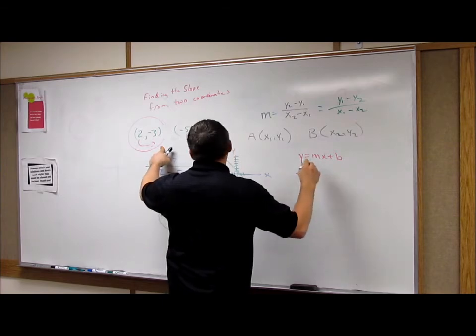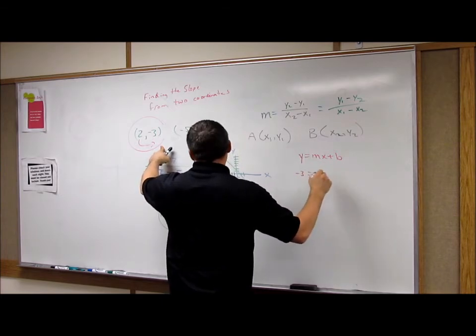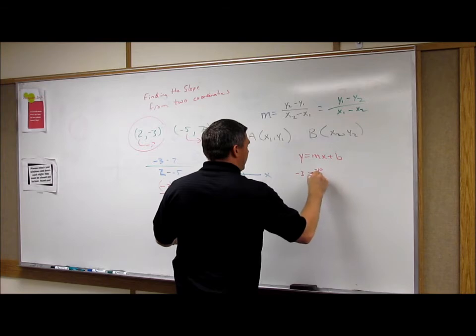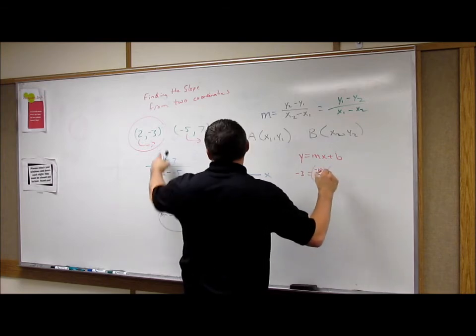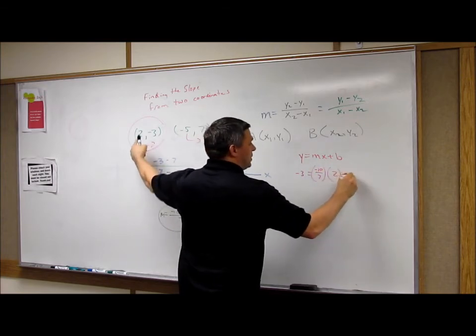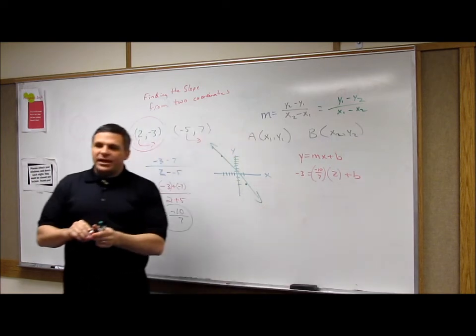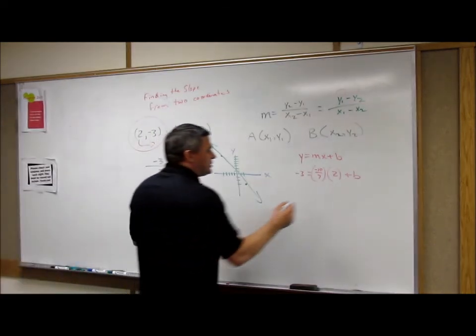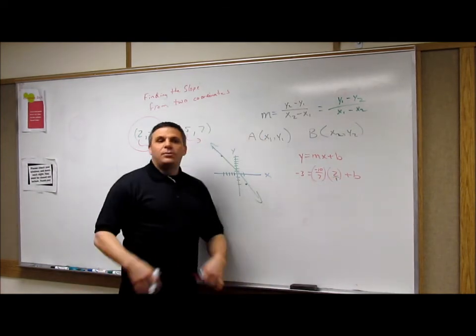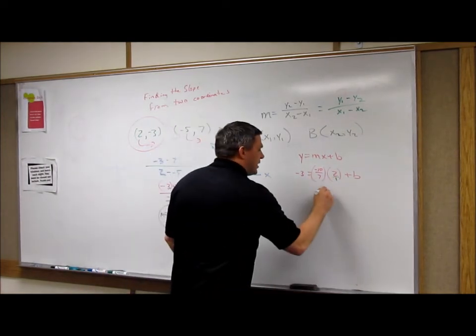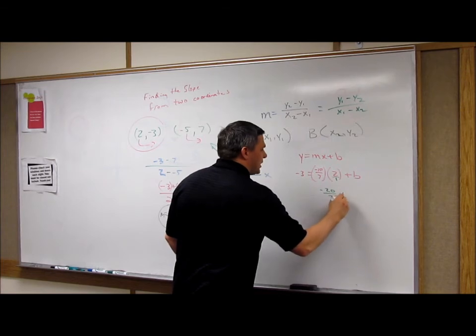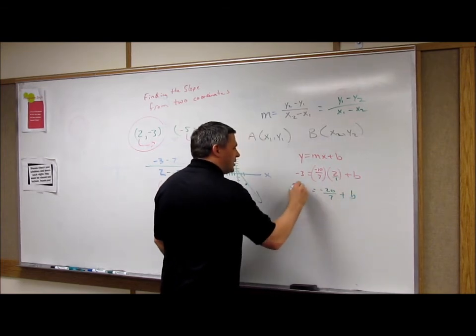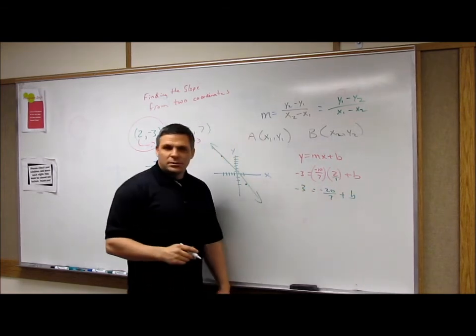-3 equals -10/7 times x, which is 2, plus b. And now we have a typical equation. Remember, this is 2/1. We do our math. That's -20/7 plus b equals -3.